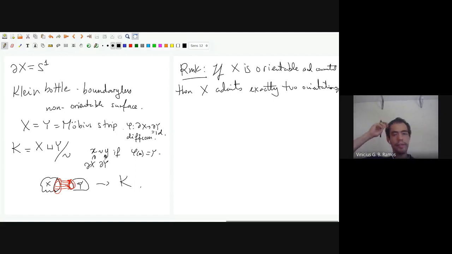And that follows just from the fact that every vector space admits exactly two orientations. Okay.